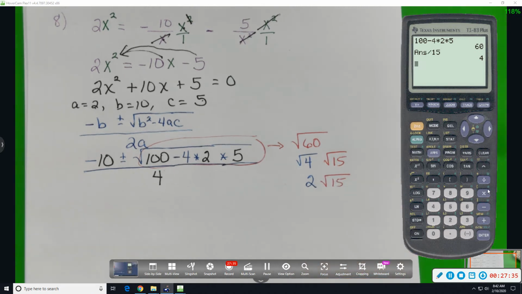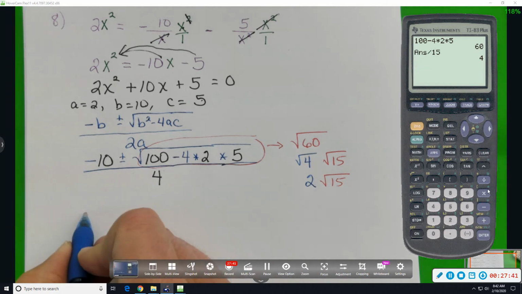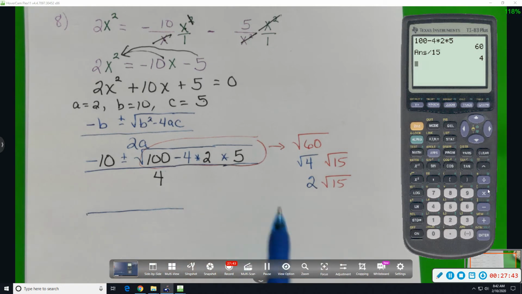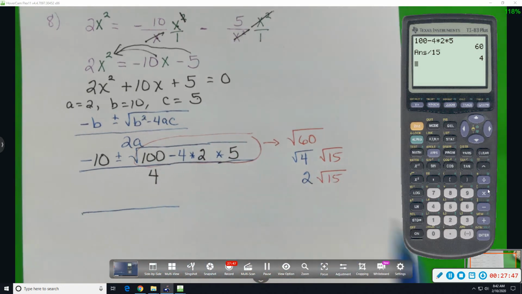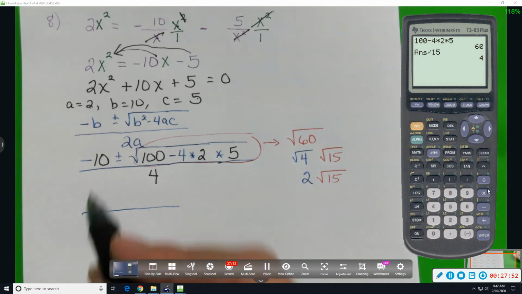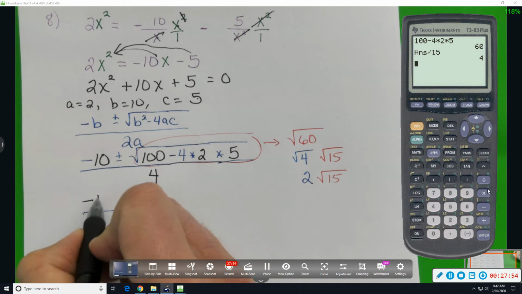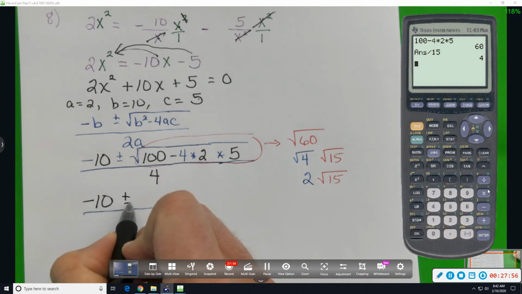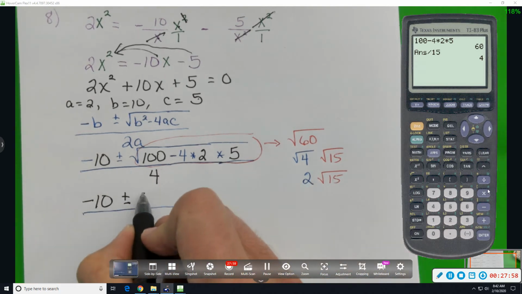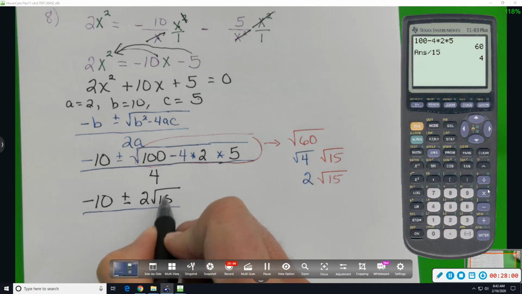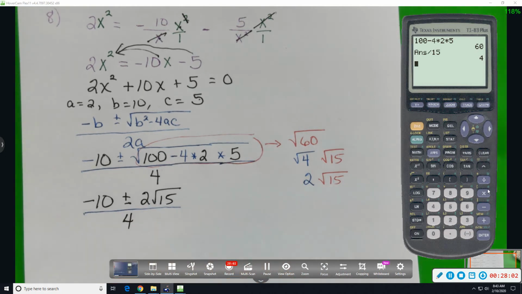So I simplified that square root. And now I'm going to replace all of this square root with 2 square root of 15. So we'd have, and I'm also going to make it all in one color at this point, negative 10 plus or minus 2 square root of 15 all over 4.